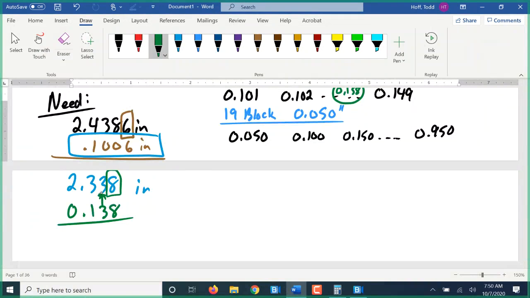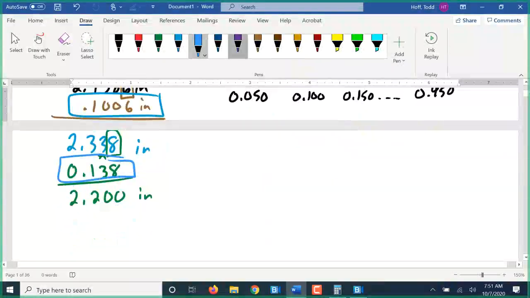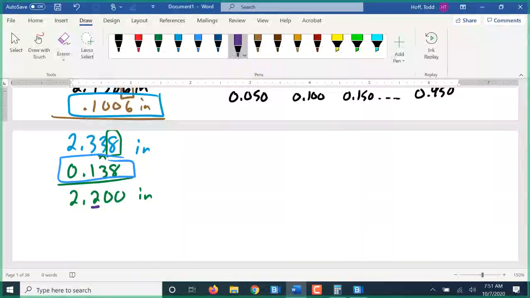So we subtract that, and we are left with 2.200 inches left. So that block is part of our buildup. Now we just need to get rid of the remaining decimal, the 2/10 of an inch, or the 200 thousandths of an inch.